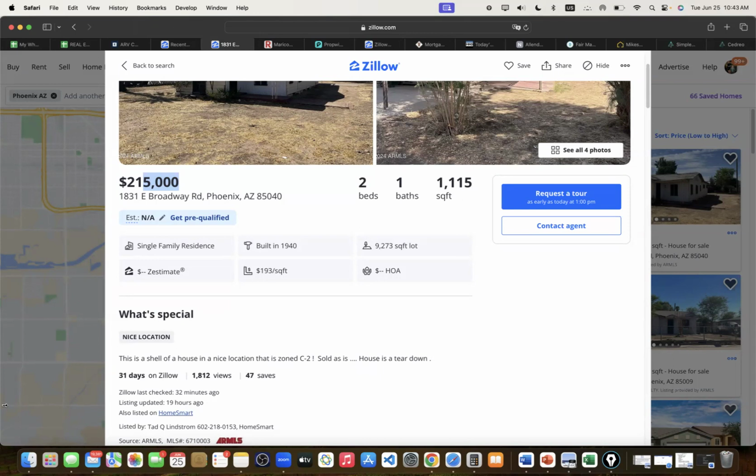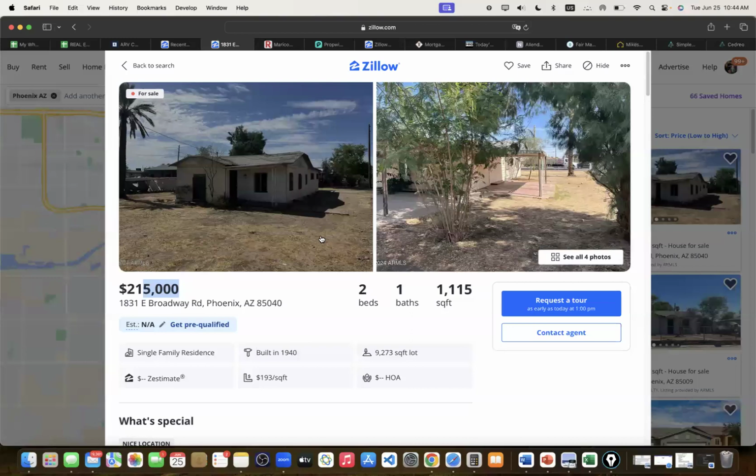Try to figure out why they want to sell, how much they want to sell it for if it's off market, how quickly they want to close, and if they're open to negotiating, because some agents have to follow the seller's request, and some sellers are really firm.